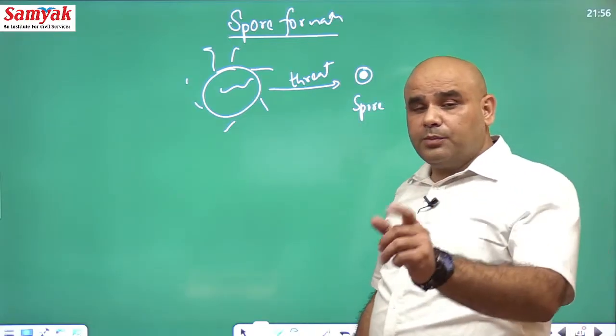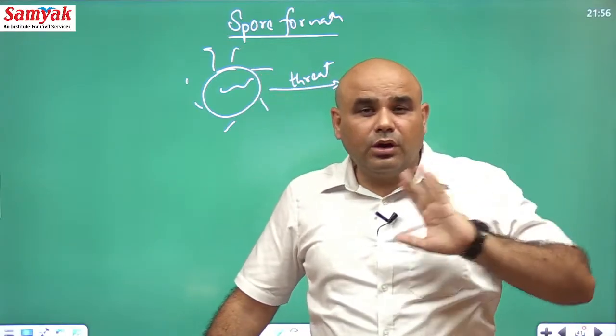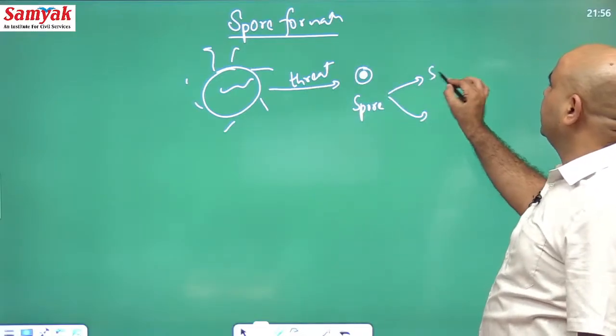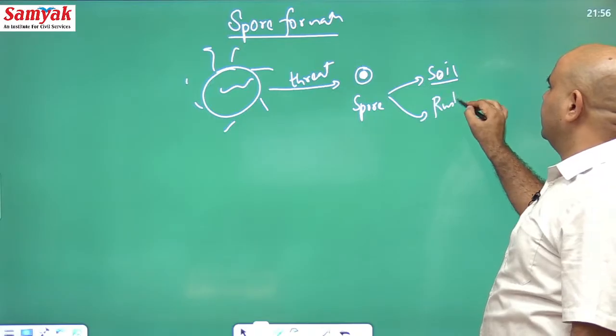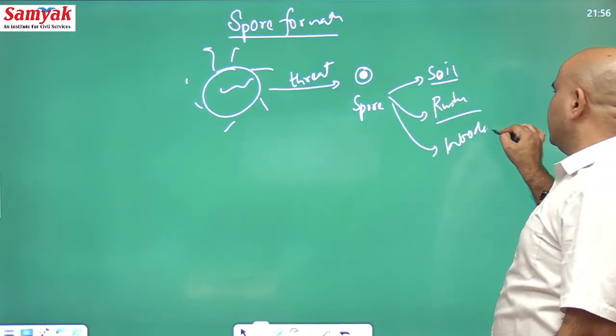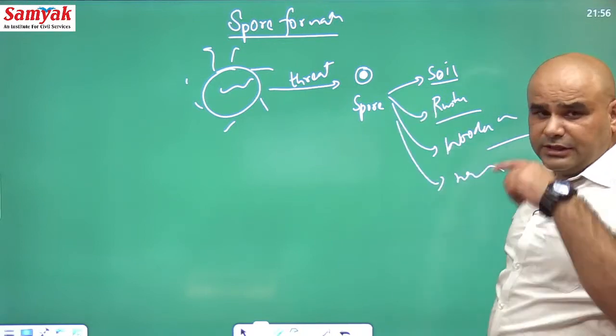These spores are capable of facing hunger, thirst and temperature, all the things. These spores always remain present in the soil, in rusted iron, in wooden articles, and they can be present in nails also.